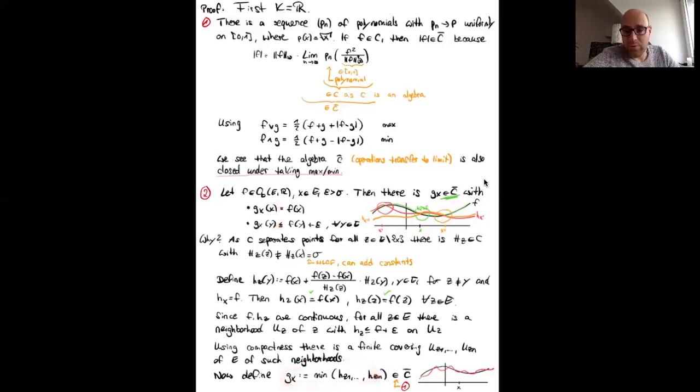And now we use the first step to say this is in C bar. Because it's a minimum. Well, we proved the minimum of two functions is in C bar, but by induction, of course, the minimum of finitely many is in C bar. So what we justified is we have such a function.